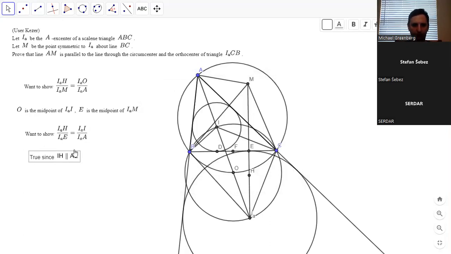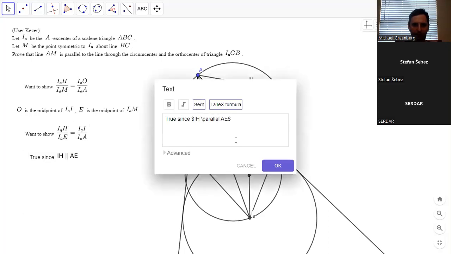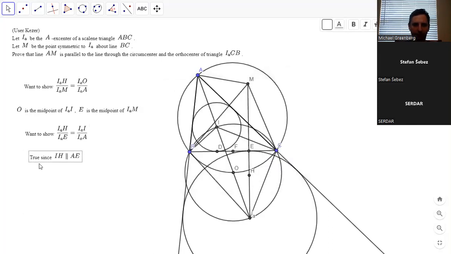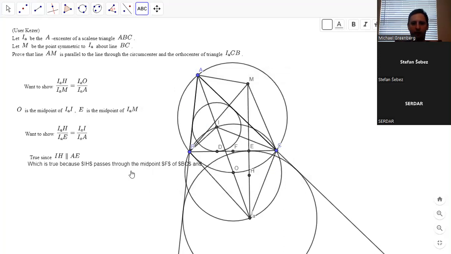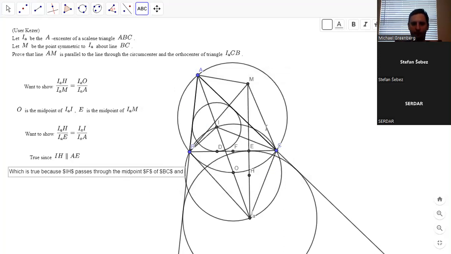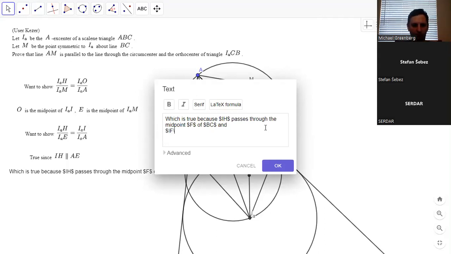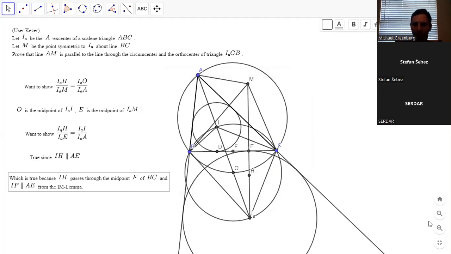And that's true because IH passes through the midpoint F of BC, and IF is parallel to AE from the Iran Lemma. That makes sense. All right.